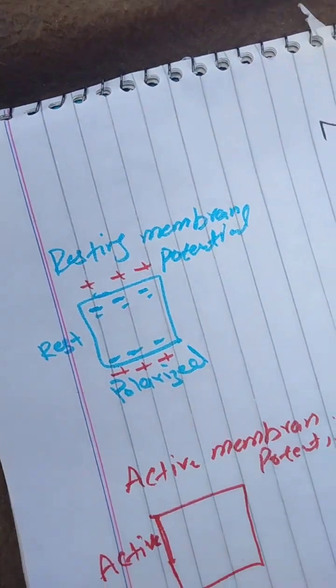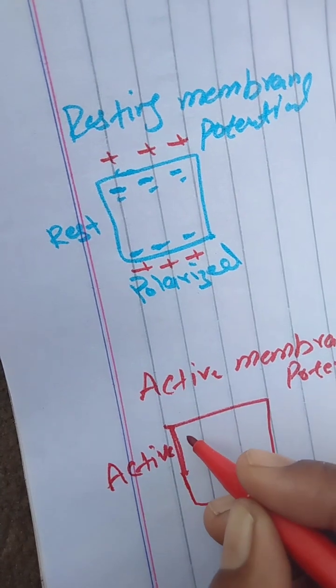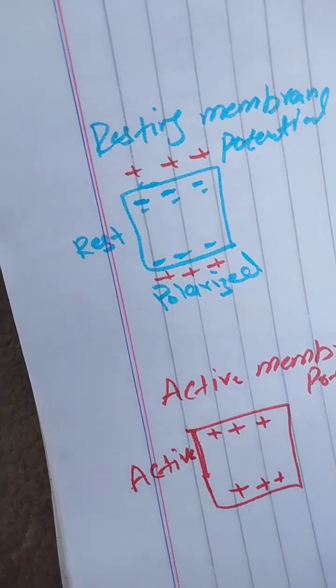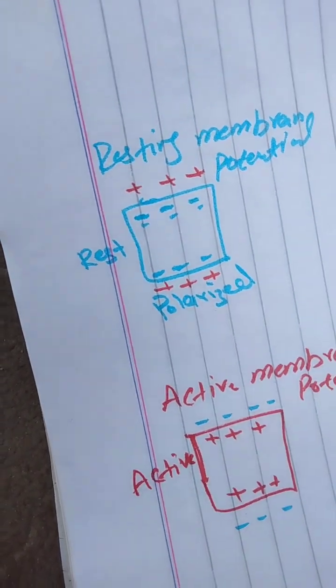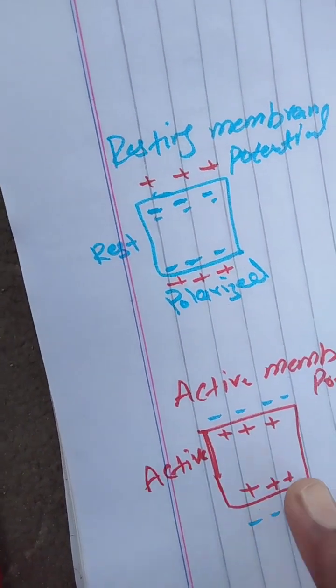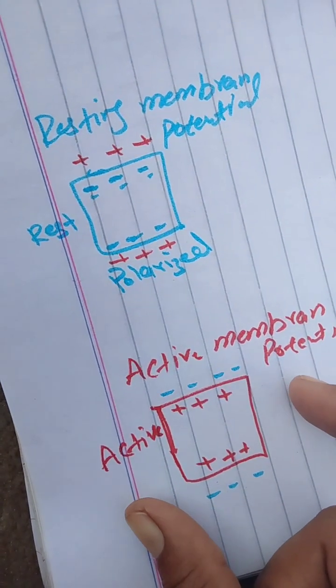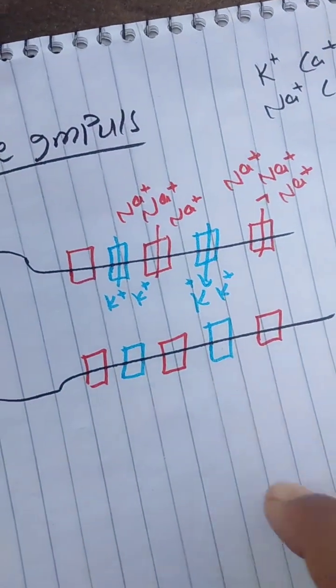When does it become active? When positive ions are inside the nerve cell and negative ions are outside the nerve cell, like a binary, the cell becomes active. How does this process come about? Look here, students.